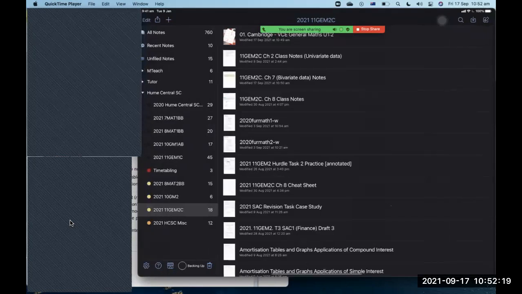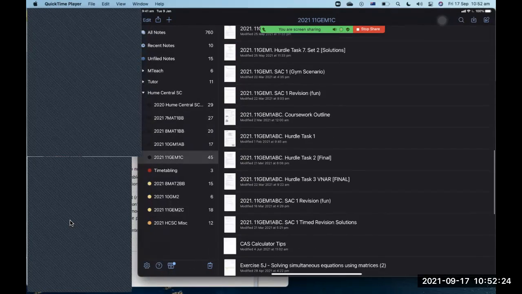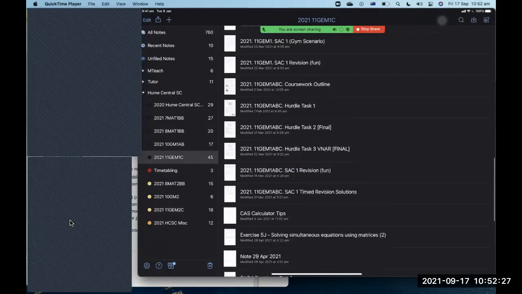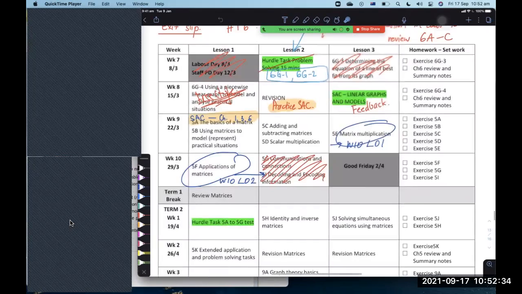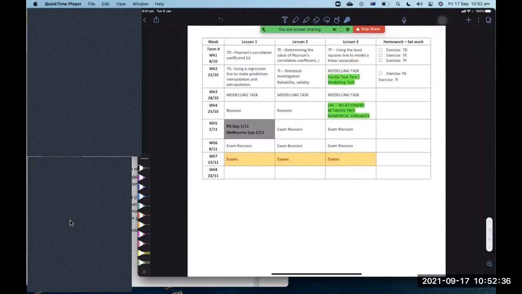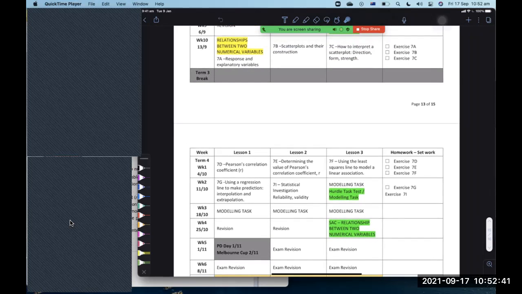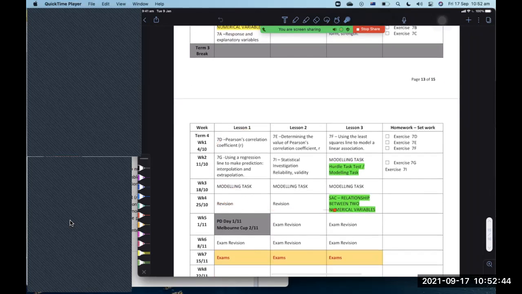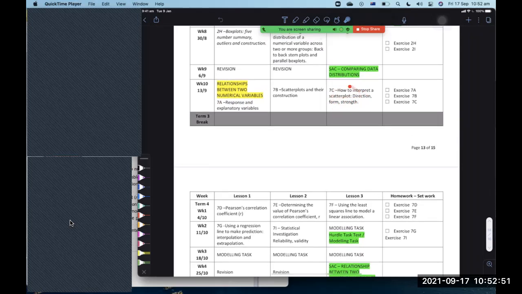If we have a look at the orientation booklet here, if it's still there. There's an orientation booklet. There it is. So it seems here that next term, we will be doing 7D, 7E, 7F. So you can see we're on schedule now. We're actually on schedule. This is our last lesson for this term.